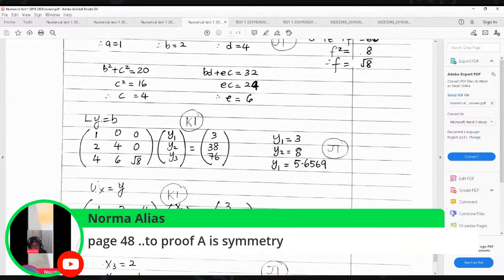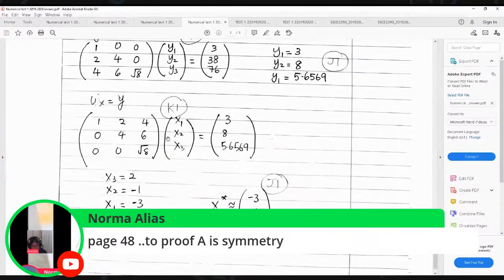The answer should be correct, and the method of forward substitution is correct. So for this one, press your calculator, don't do it manually, or you will get it wrong. Use your calculator, you will get backward substitution, and the values are X1 equal to 2, X2 equal to negative 1, X3 equal to negative 3.